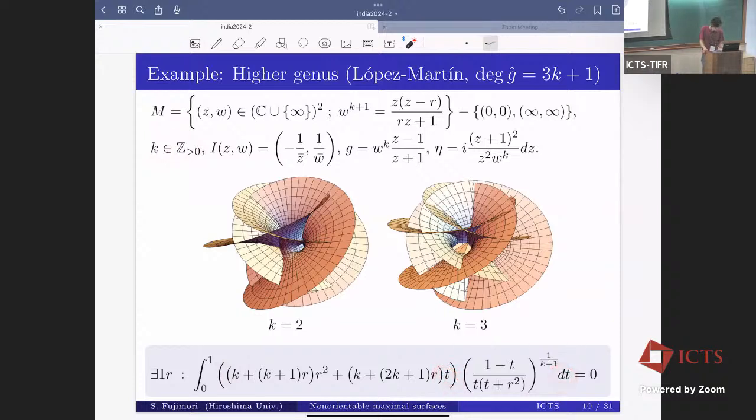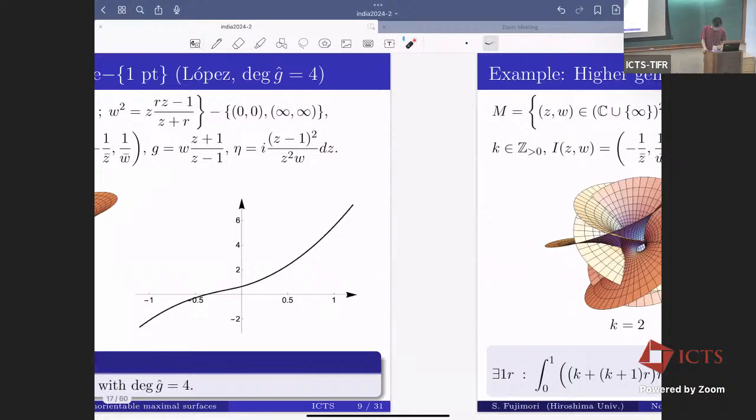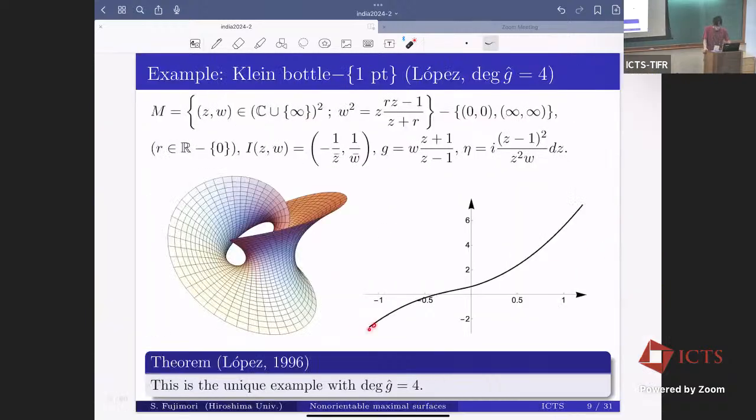So after integration, this is a function of R. For each K, we have a similar graph. If we change K, the graph is slightly shifted, but always monotonically increasing. So we can always say that there is a unique solution.